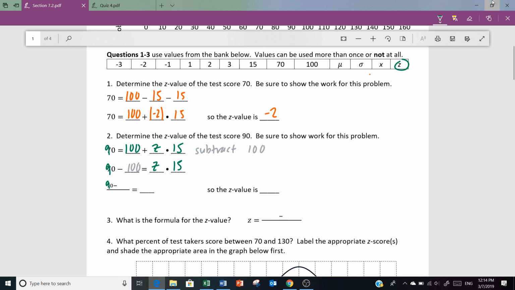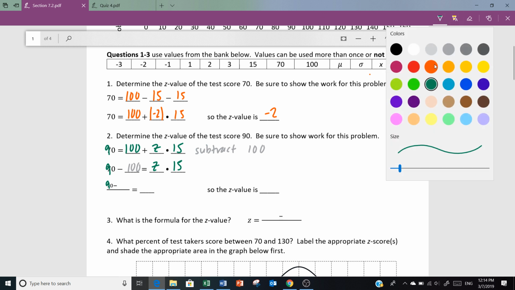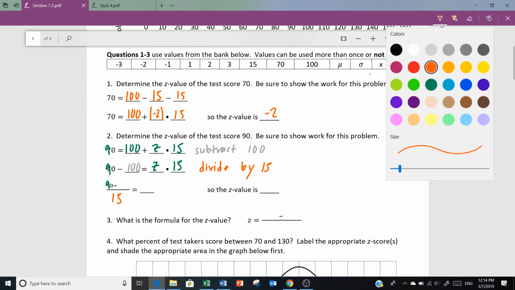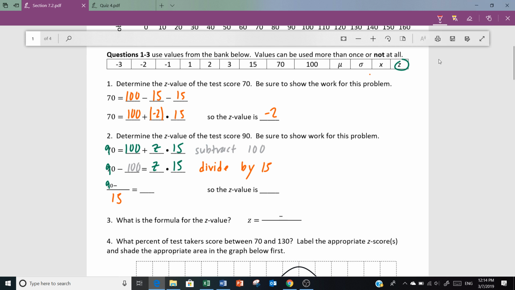So once I divide by 15, the 15 goes on the bottom. I still have the negative 100 on the top, and that's my z value. And when we do that, we end up with negative 2/3. That's the answer. Questions on number 2?